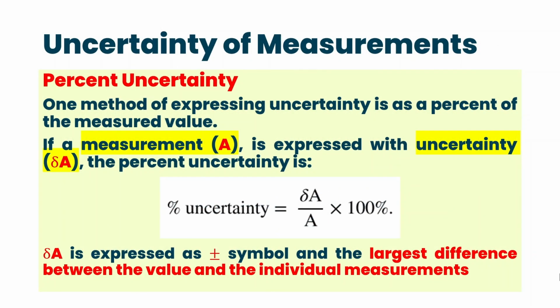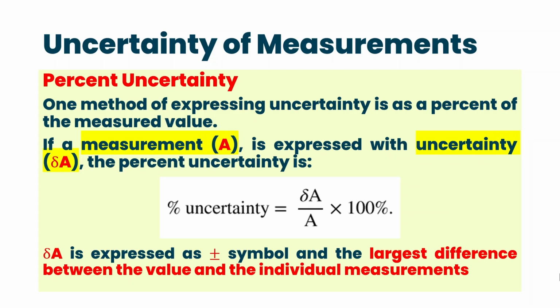We can express it in terms of percent. So one method of expressing uncertainty is as a percent of the measured value. If a measurement, let's say A, is expressed with uncertainty, let's say sigma A, the percent uncertainty is equal to uncertainty divided by measurement times 100%.